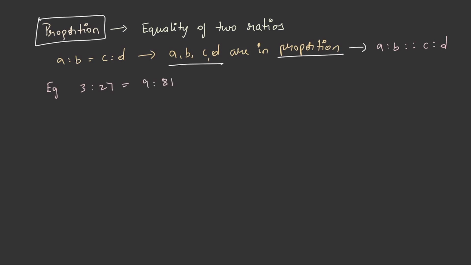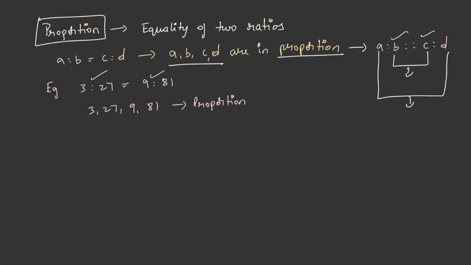As these two are equal, we can say that 3, 27, 9 and 81 are in proportion. Here B and C are known as means and A and D are known as extremes. Similarly, in this example, 27 and 9 are means and 3 and 81 are extremes.